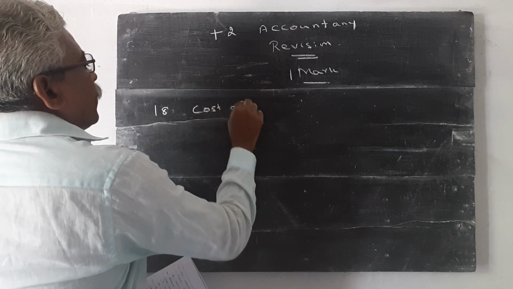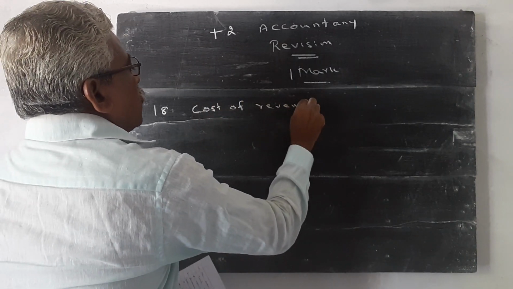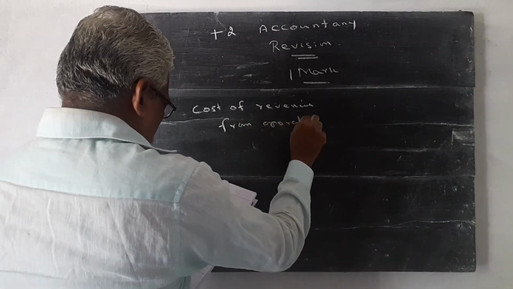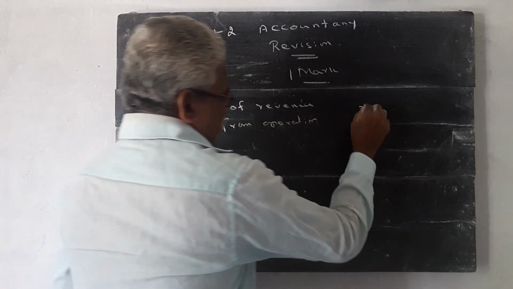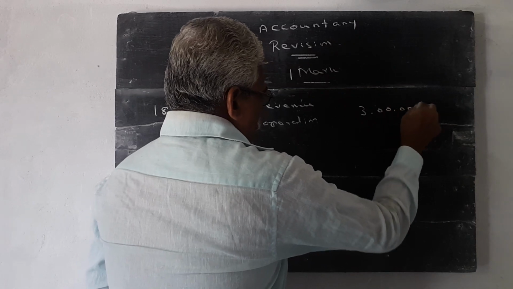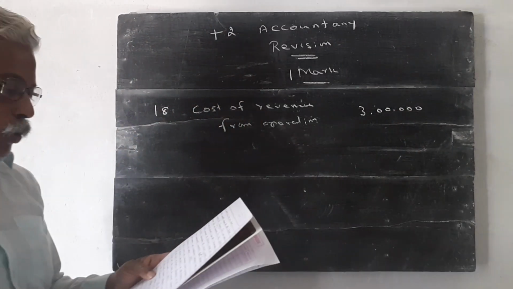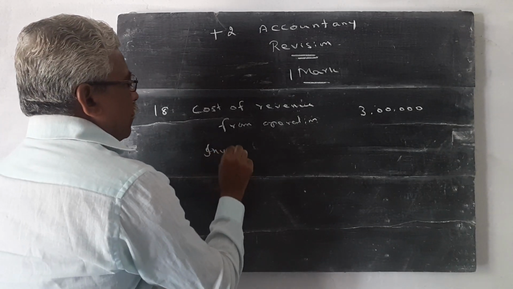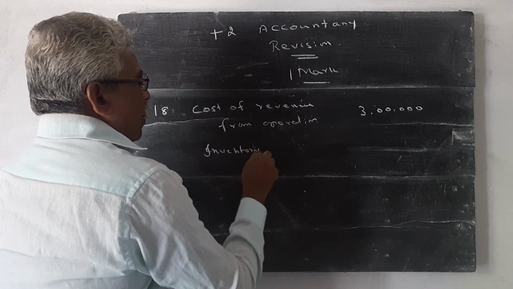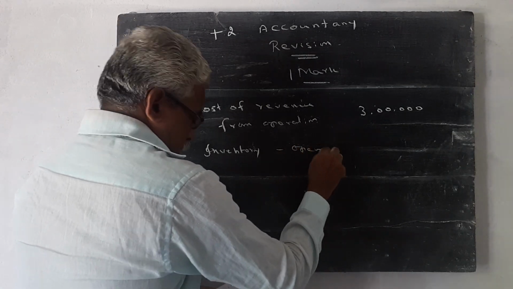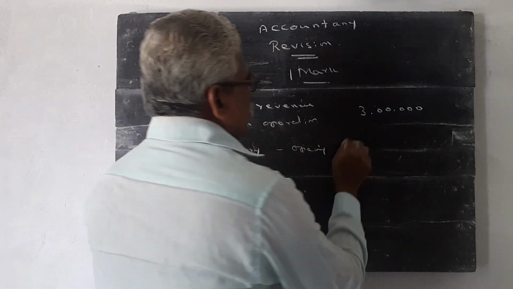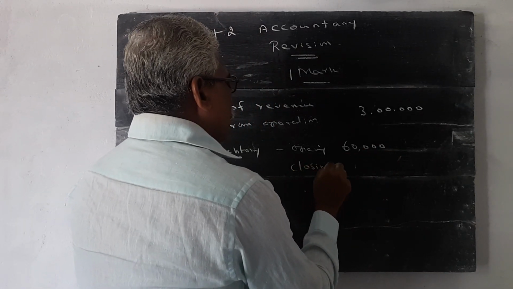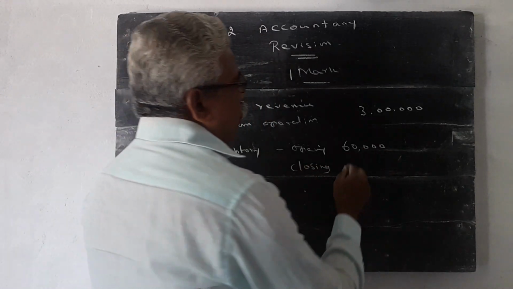Cost of revenue from operation is rupees 3 lakhs. Opening inventory is rupees 60,000. Closing inventory is rupees 40,000.